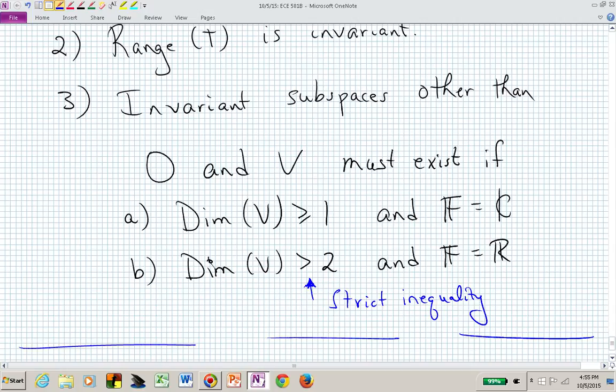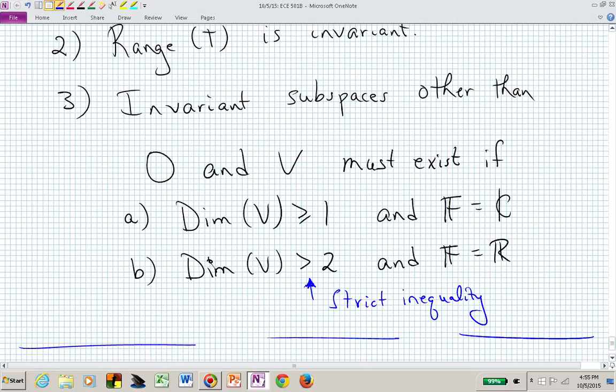Because we just gave an example where I could give you a 2 by 2 matrix that does not have any real eigenvalues, so it does not have any real eigenvectors, and we need eigenvectors to give us this invariant subspace. That's why we have this strict inequality on part B.